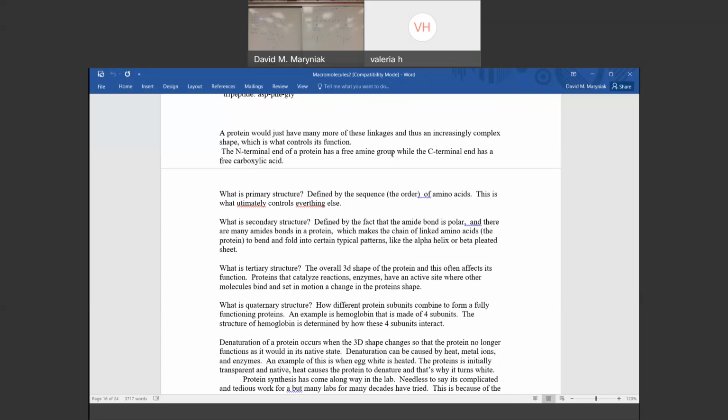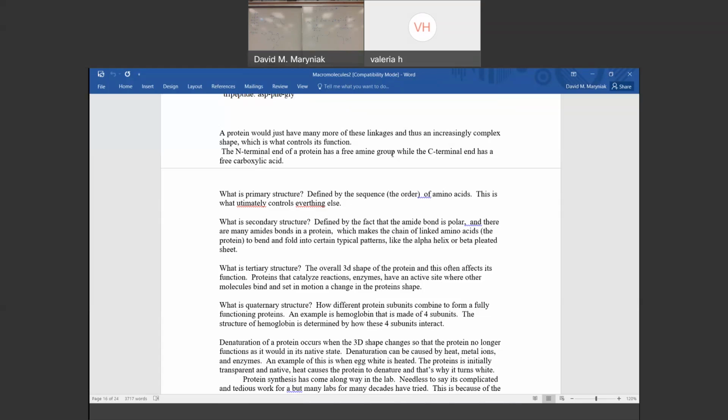To summarize, protein chemistry is all about shape, and shape is dictated by structure. So we must know a protein's amino acid sequence, because that structure ultimately dictates the overall shape of the three-dimensional protein.